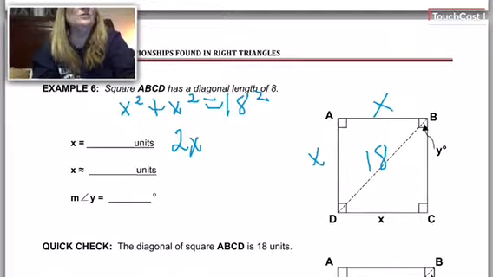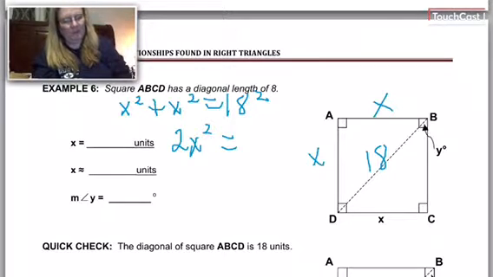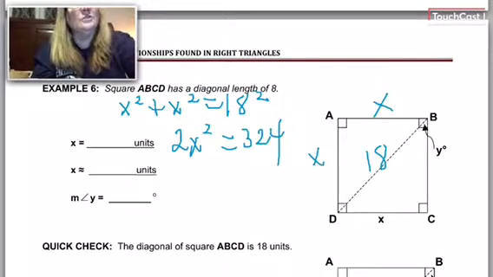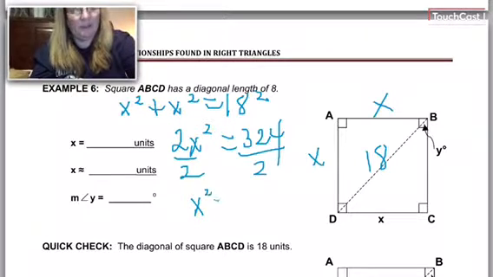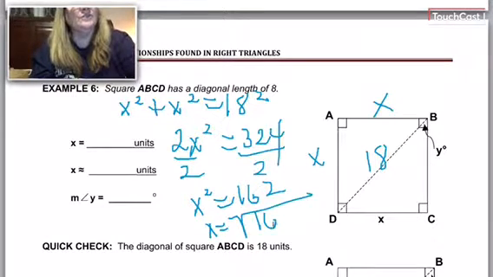So we get 2x squared is equal to 18 squared, which is 324. If we divide both sides by 2, we get x squared is equal to 162. So x would be equal to the square root of 162.